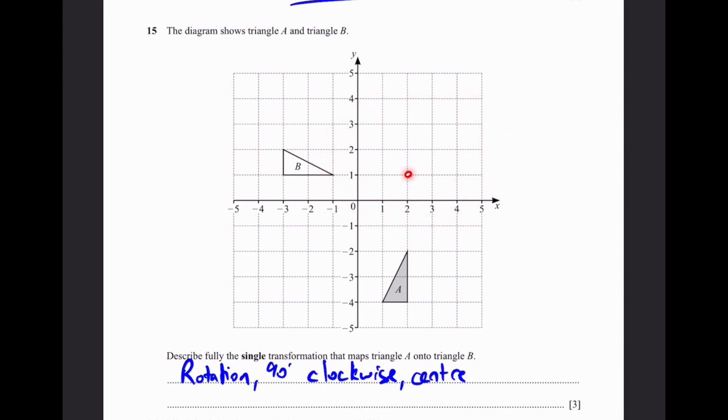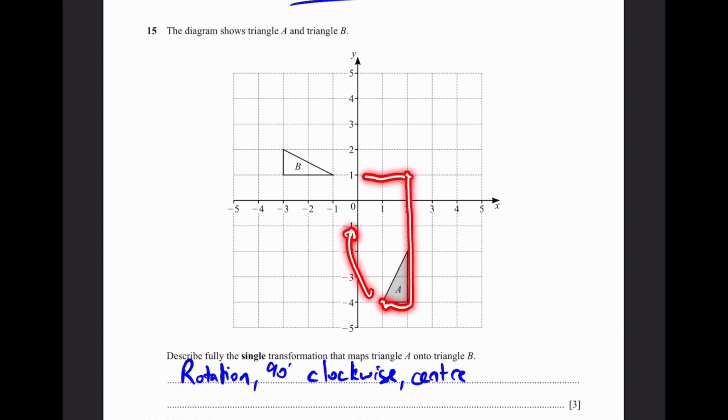And trying this point, (2, 1), we'll see that when we rotate, we have 3 units going 90 degrees clockwise, once again 3 units to a corresponding point on B. Now if we use this point, it's 5 units, and if we rotate this way, we still get 5 units. And as for this point, it's 5 down, 1 left.